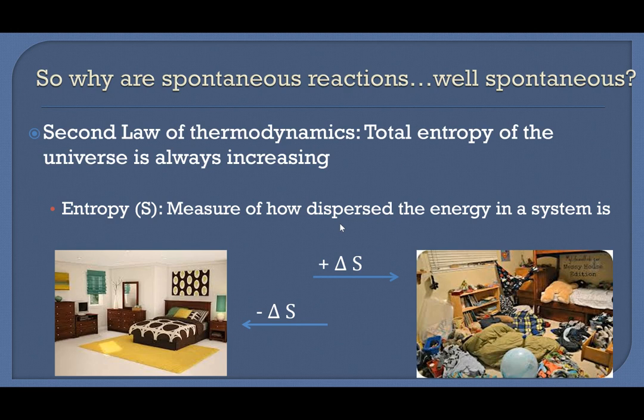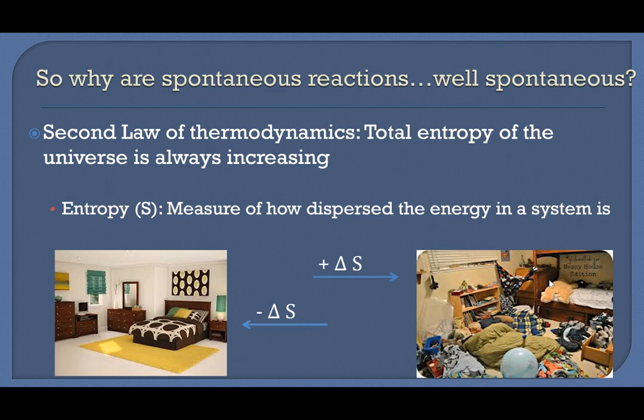So we have the second law of thermodynamics here. The second law of thermodynamics tells us that the total entropy of the universe is always increasing. So in other words, the universe is always getting messier, right? Now, the universe is a big place, right?